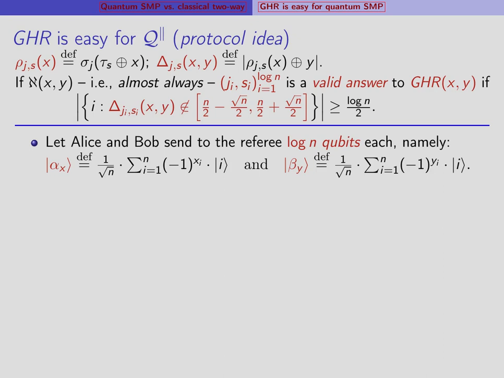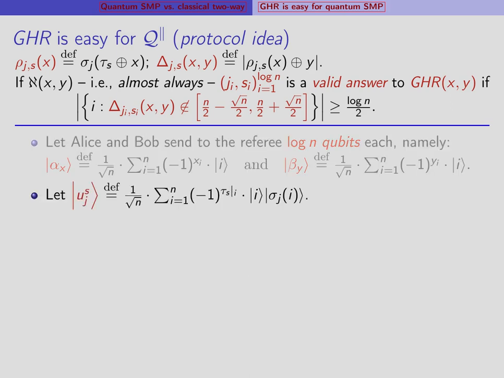First of all, we let Alice and Bob send to the referee log n qubits each that consist of, so to say, trivial fingerprints of Alice's input and Bob's input. Now define a set of quantum states U_JS the way that is written here. Pay attention that this definition closely resembles the definition of the transformation rho sub JS that underlies our problem.